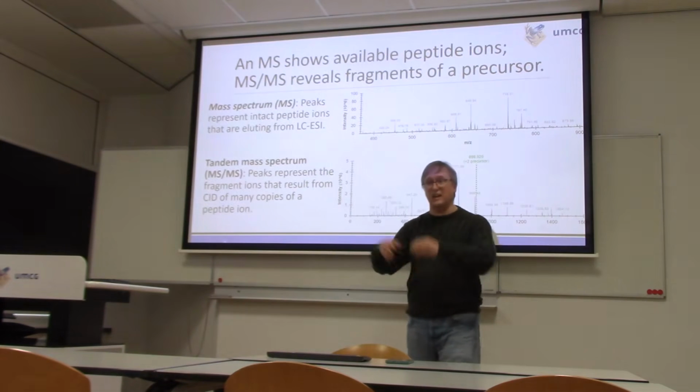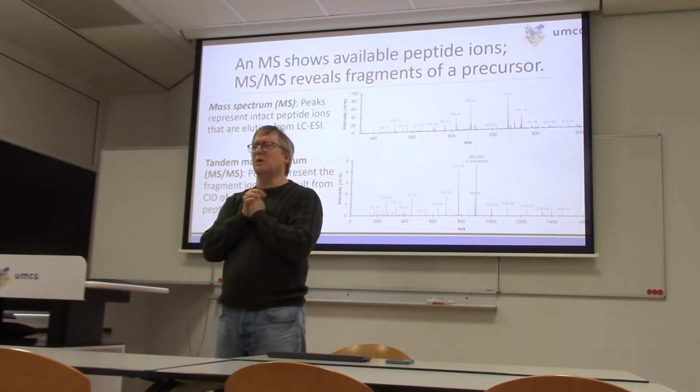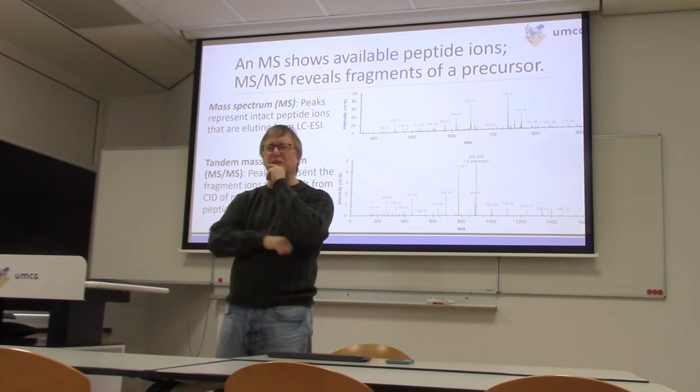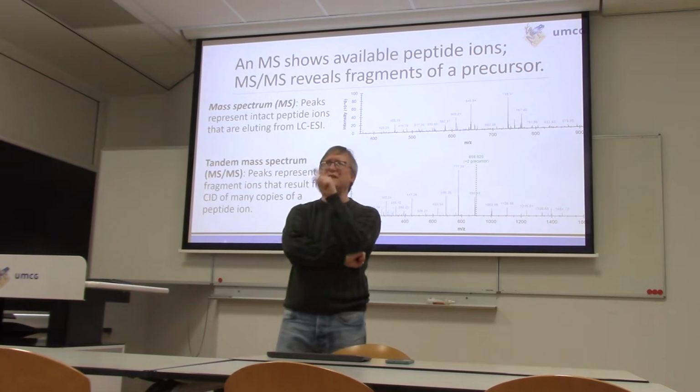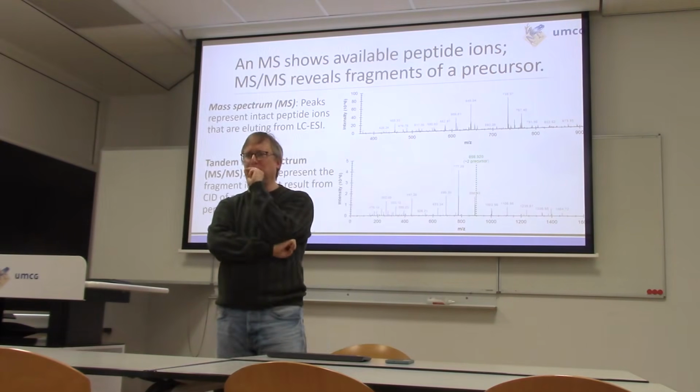So if you have an ion that contains, let's say, 10 amino acids, 10 amino acids times the average mass of an amino acid, let's call that 110. So 110 times 10 is 1,100 mass.